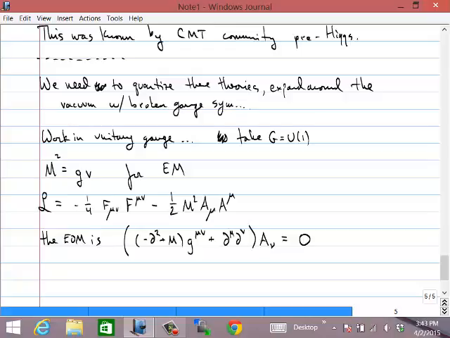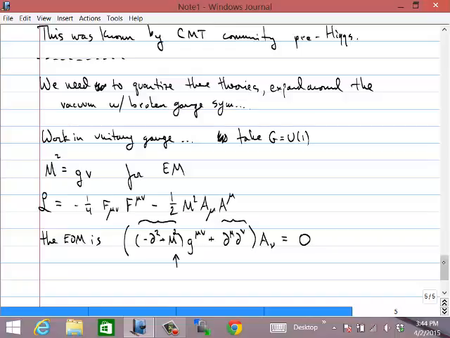So this is exactly as it was in electromagnetism, except that now we have a mass term here. And again, I don't seem to be able to square my masses. It's mass squared. So this equation of motion, at first sight, looks rather complicated. We have this piece here, which looks a little bit like the scalar kinetic operator, but then this more complicated piece, which came from the F mu nu.